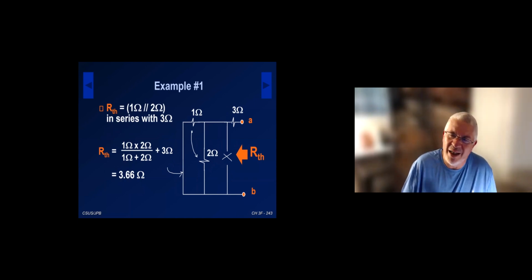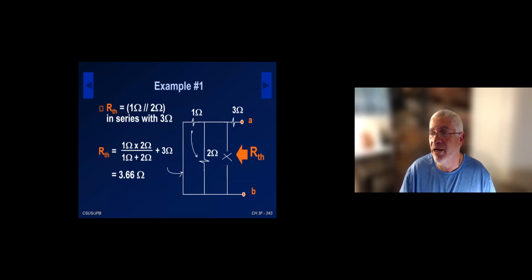In this case, the 3 ohm had no impact on VOC, but it does on the Thevenin resistance. So I put the 1 and the 2 ohm in parallel, and the result is in series with the 3 ohms. So we get the Thevenin resistance being 3.66.